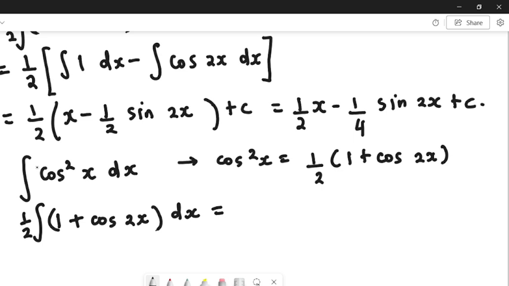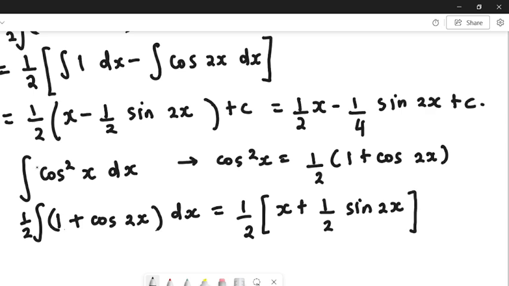Using the same procedure, you integrate 1, you integrate cos 2x, you're going to get a half into x plus, if you integrate cos 2x, you're going to get a half sine 2x. How we are getting that, I have explained. And then plus c. Why plus c? Because it's an indefinite integral.